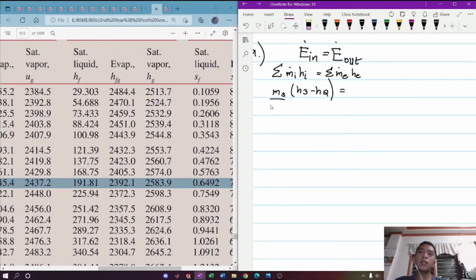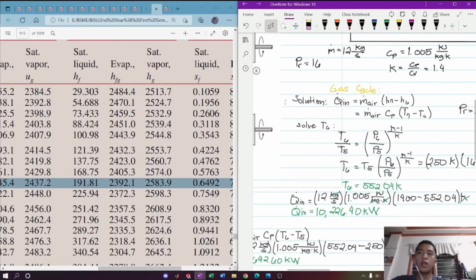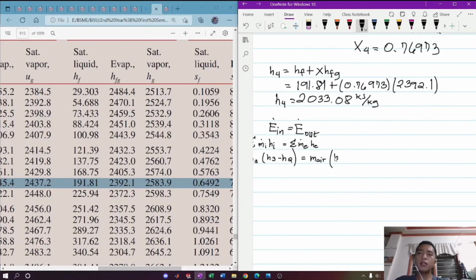Sa ms sa mass sa steam is equal to mass sa air, H8 minus H9. So mass balance or energy balance sa heat exchanger. So H8 minus H9. So di ba kani siya kay equal naman na siya sa dati na siya no?